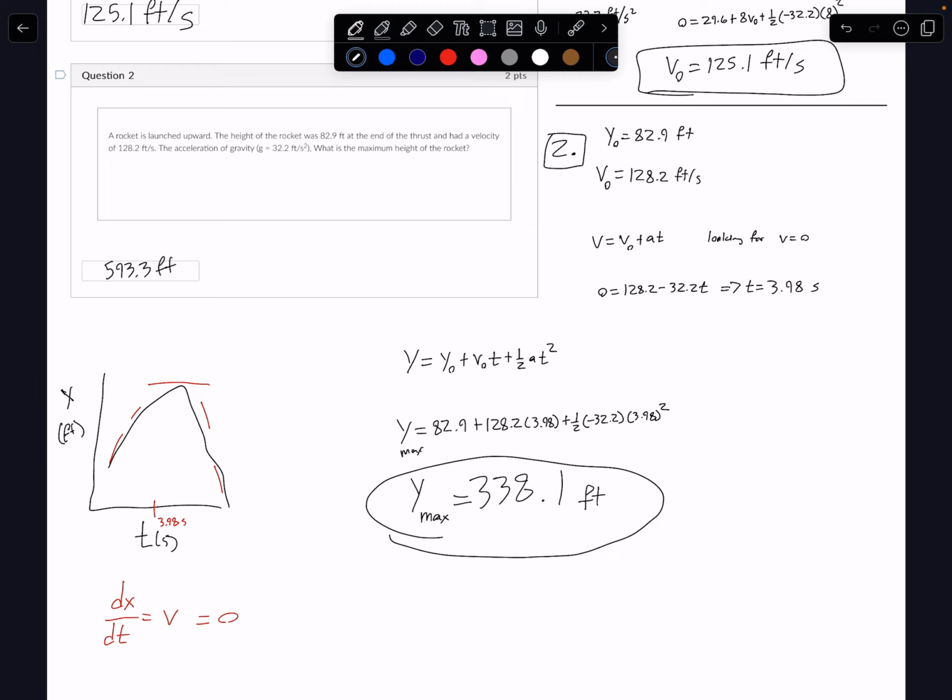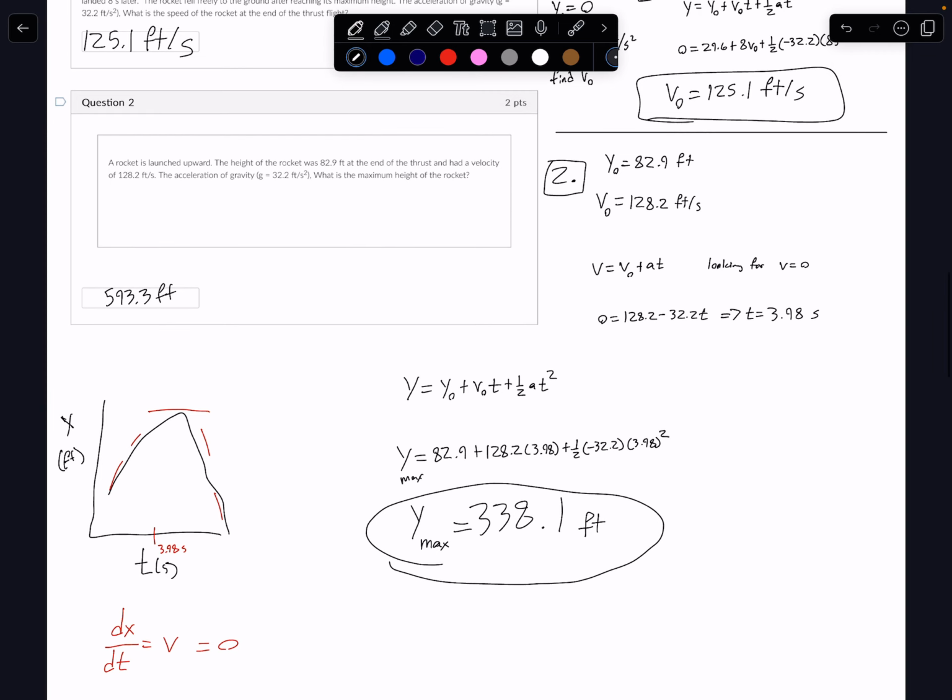Divided by 2. Yeah, I'm getting a different answer than I originally did, so I guess it's good that I checked my work again.